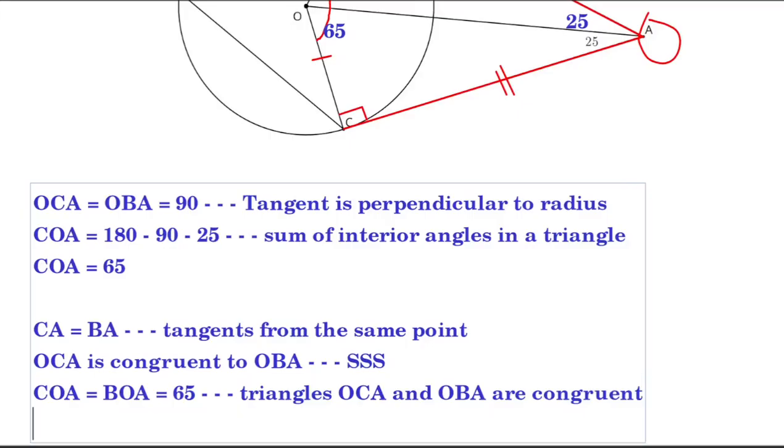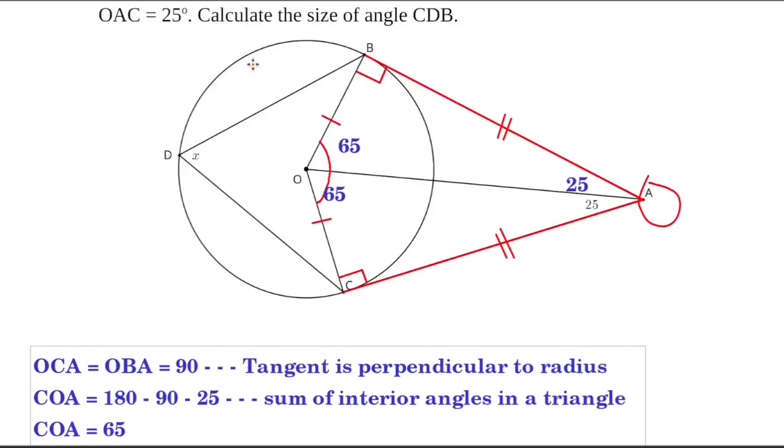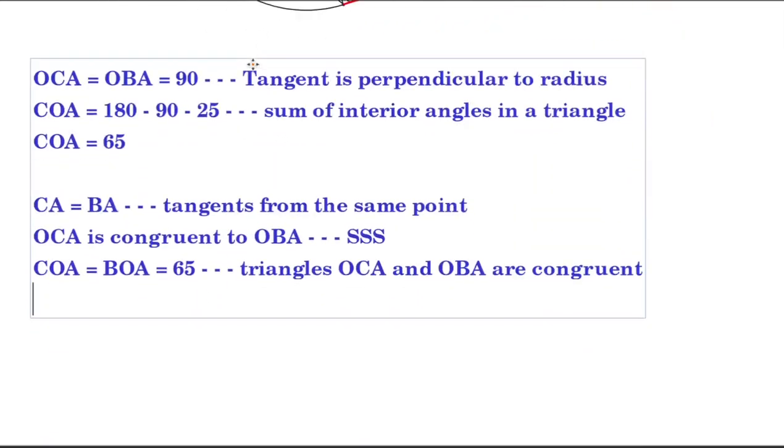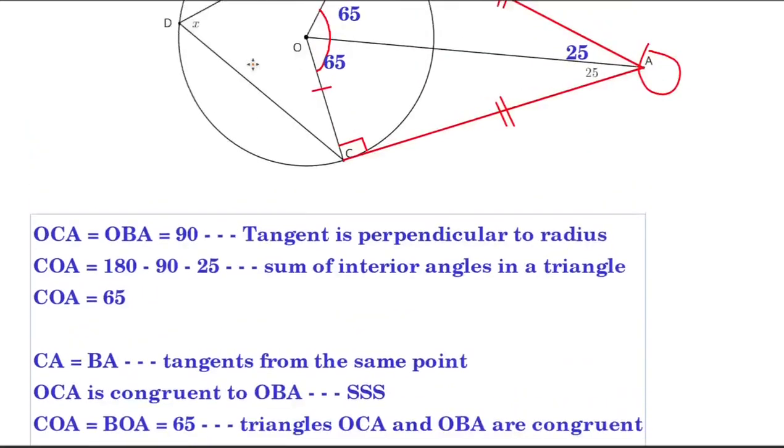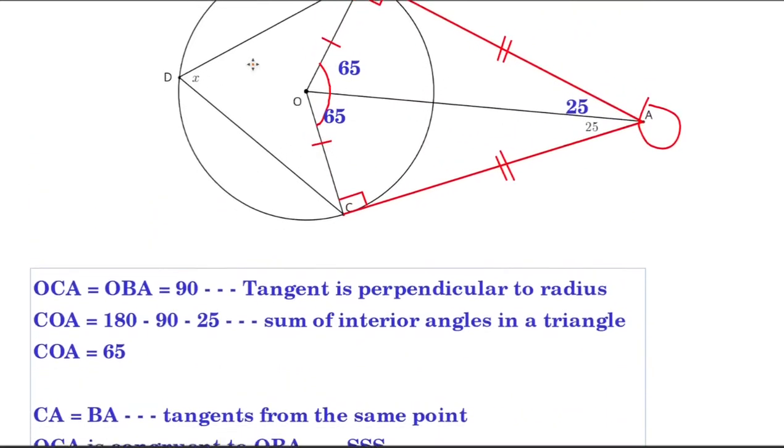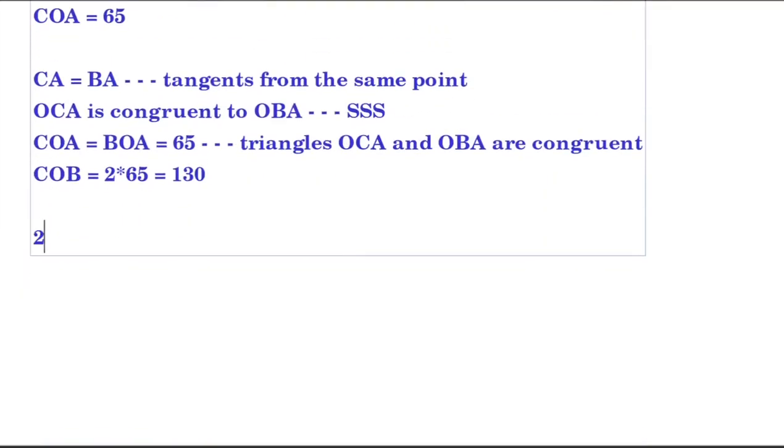Then from there, we have our angle at the center COB. COB is actually equals to 2 times 65. We're just adding those two angles, which is going to give me 130 degrees. Then from there, let's find the value of angle X. So 2 times X is equals to angle COB.